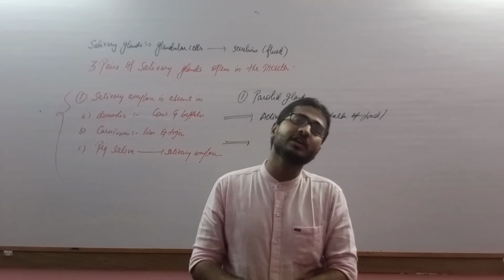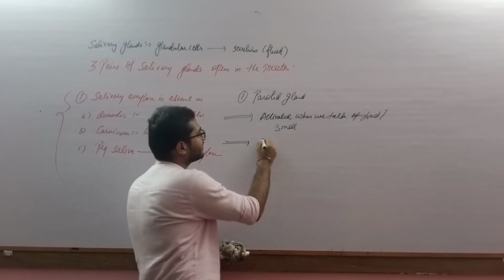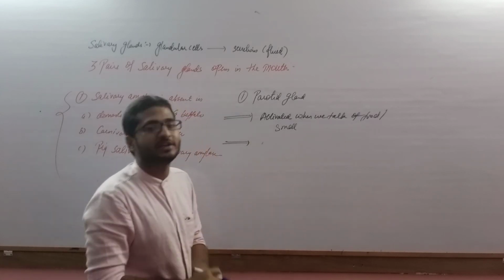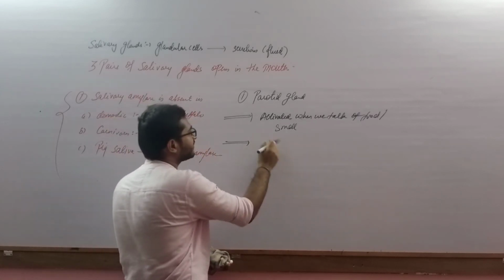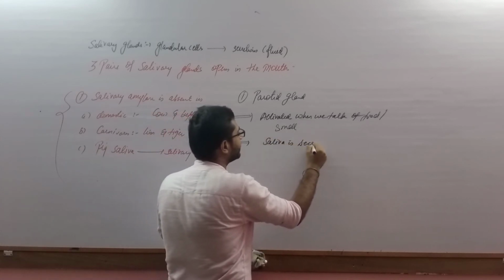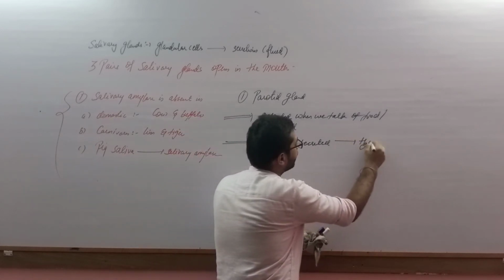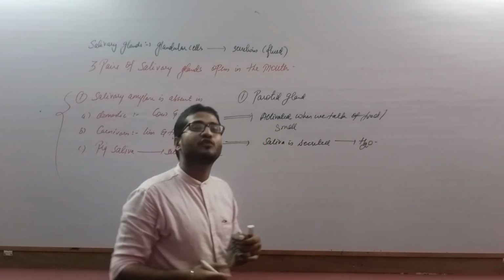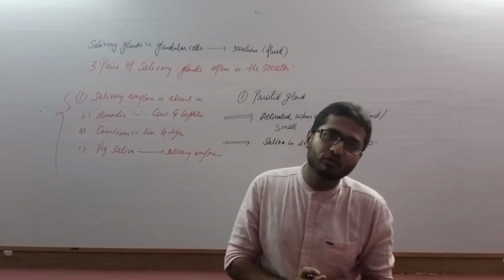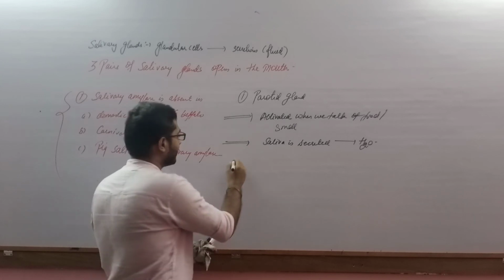It is an anticipation that the food will now enter our mouth, and that saliva contains the maximum amount of water. So this is the first thing we know about the parotid gland.